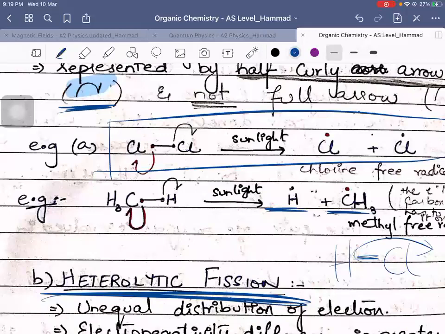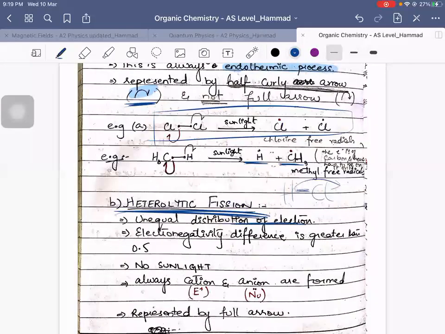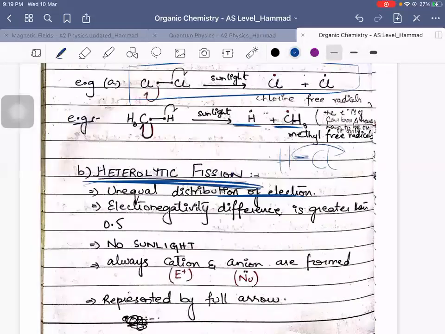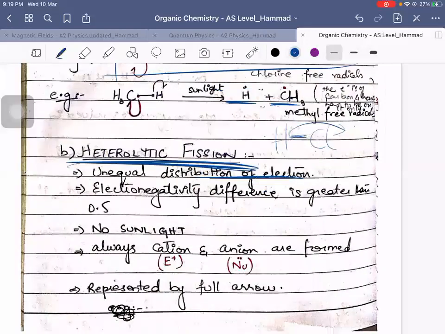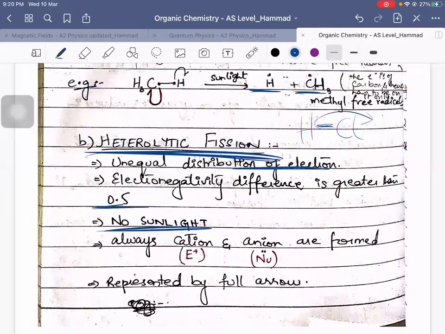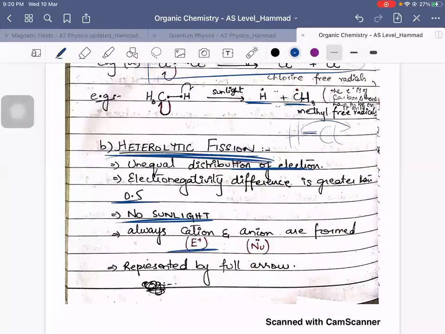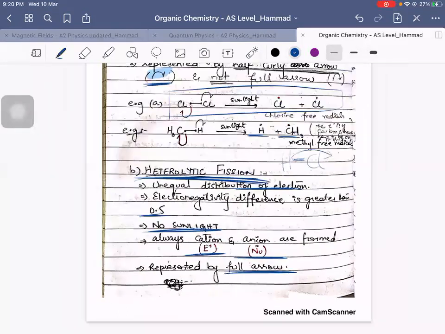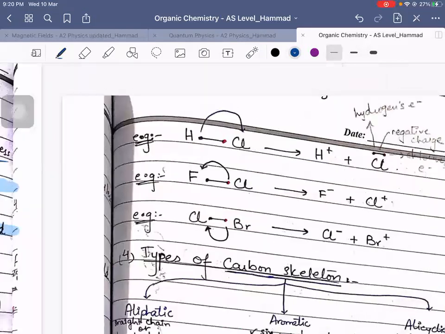In heterolytic fission, there's an unequal distribution of electrons and the electronegativity difference is greater than 0.5. There is no sunlight required, and you need to understand that always a cation and an anion are formed during the process. These are represented by full arrows. Check it off.